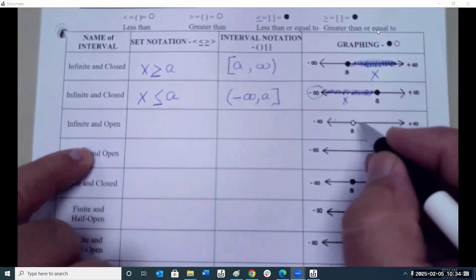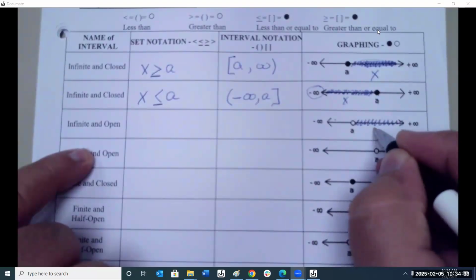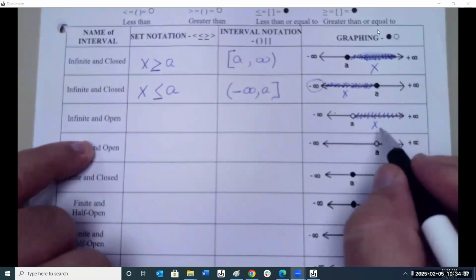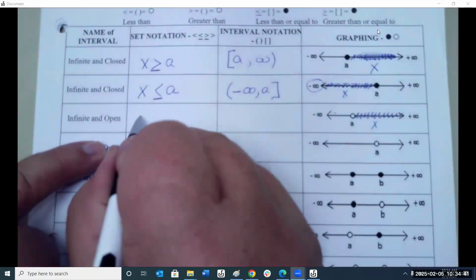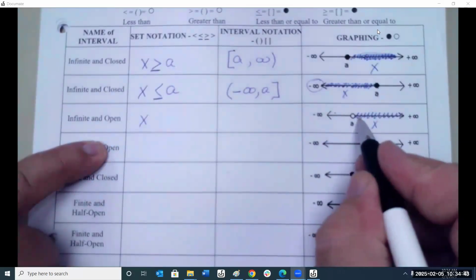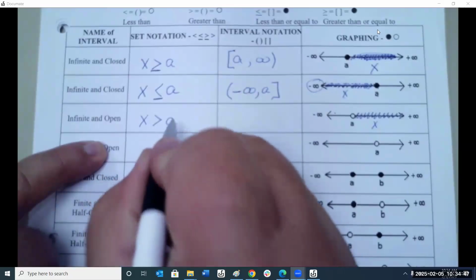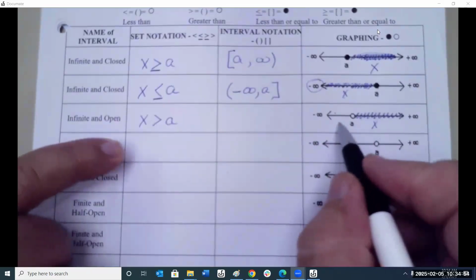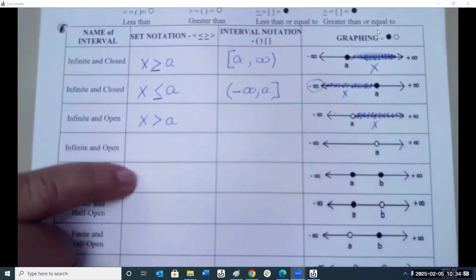The next set is infinity and open, so I'm going this way. Okay, these are my X's. My X, since it's to the right of A, that means it's greater than A. And also, remember, it's shaded going to the right, so I'm pointing to the right.